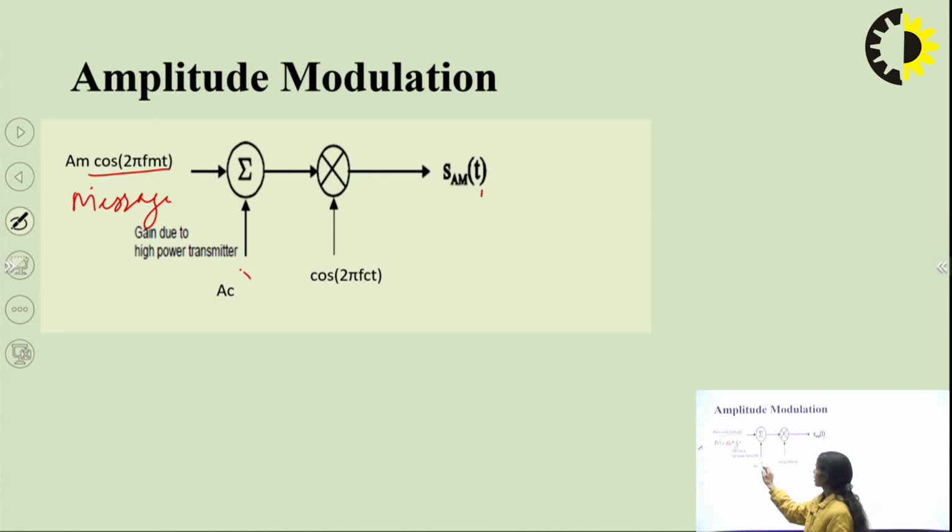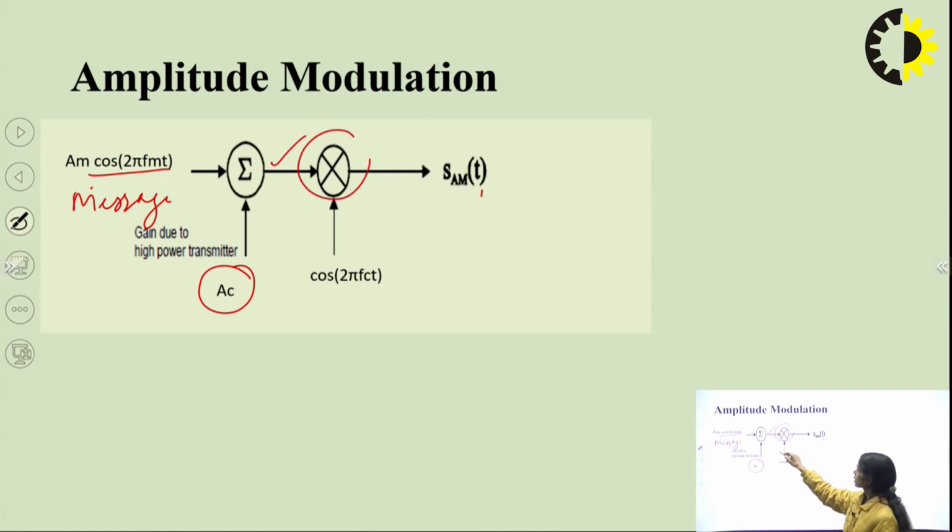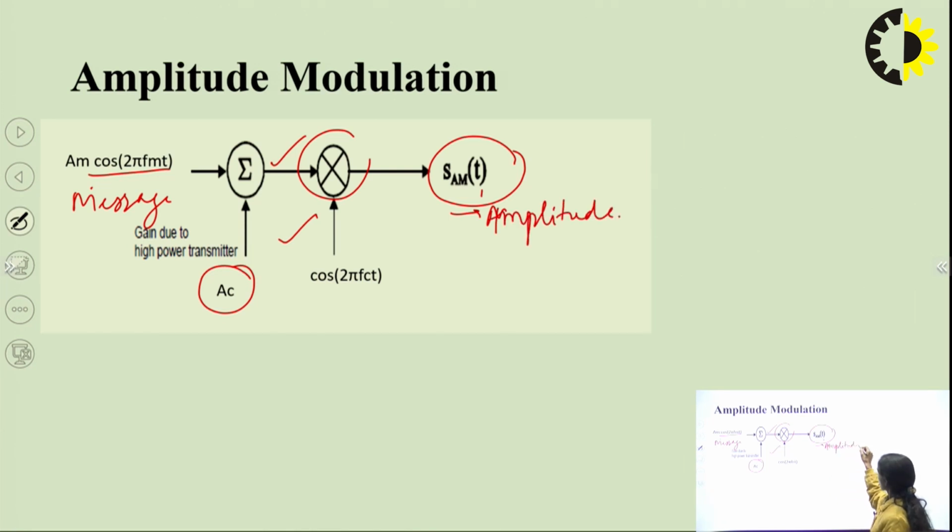And we have a carrier amplitude here, and a summer which is going to add the two signals, message signal and carrier signal, and we get the SAM, that is the amplitude modulated output.